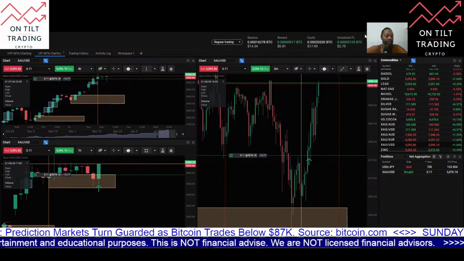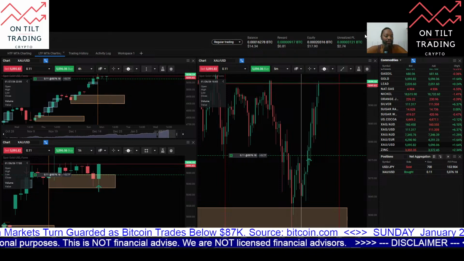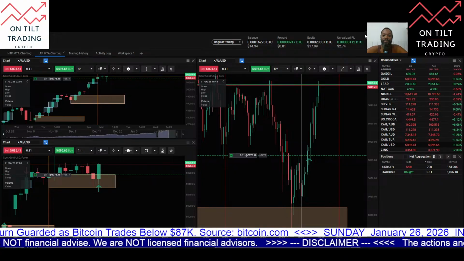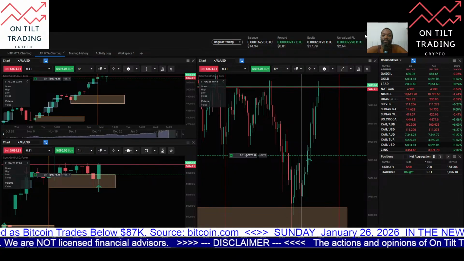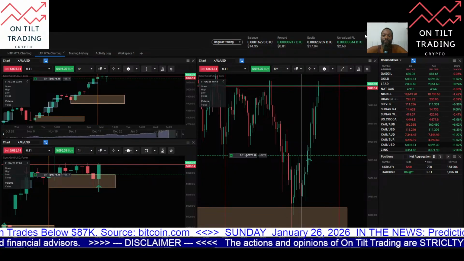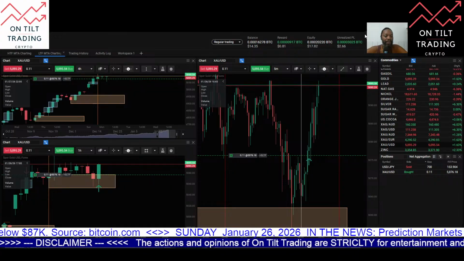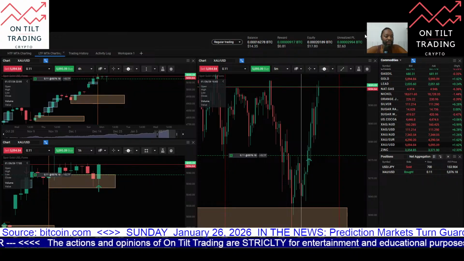Price now currently approaching the structural high here, and we'll see if gold will shift to the buy side on the 1 hour chart.